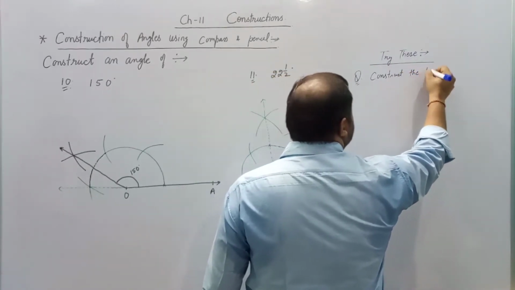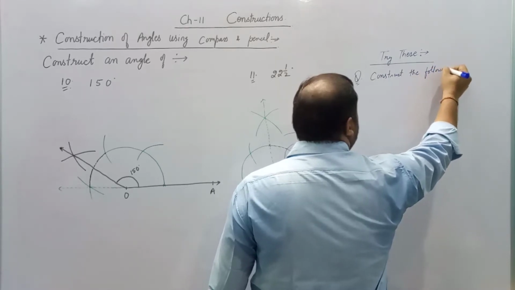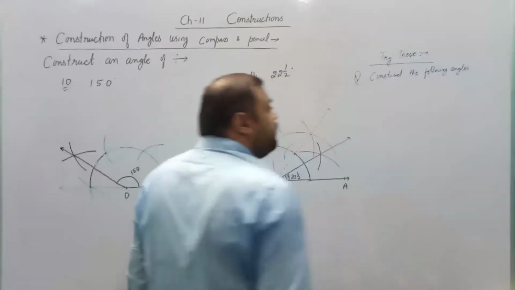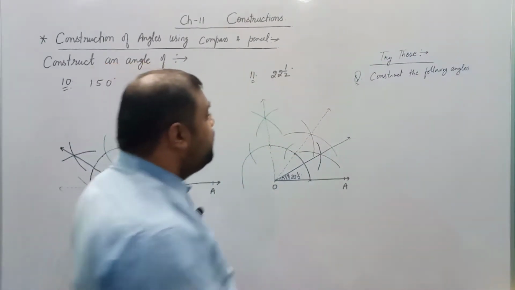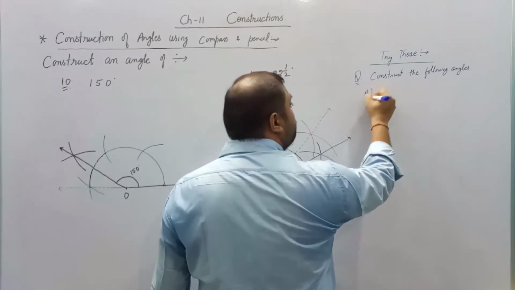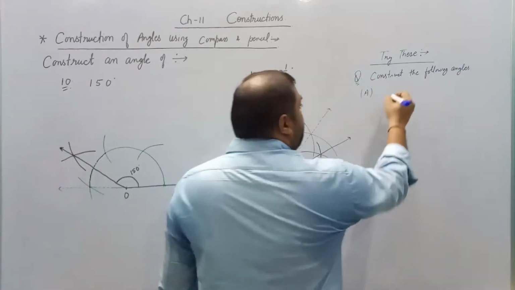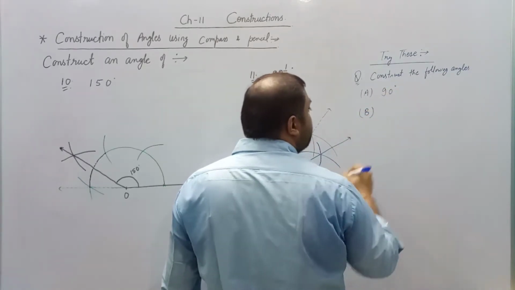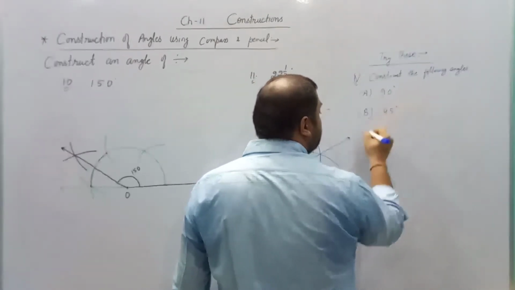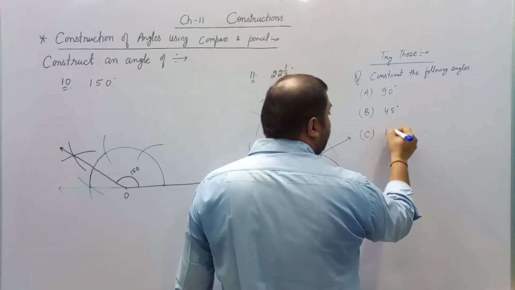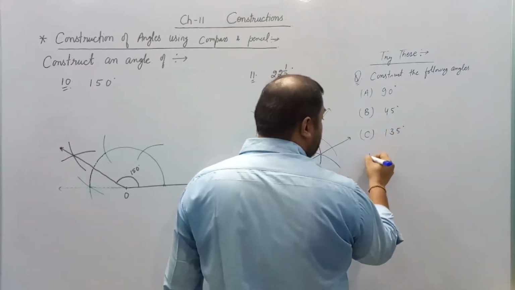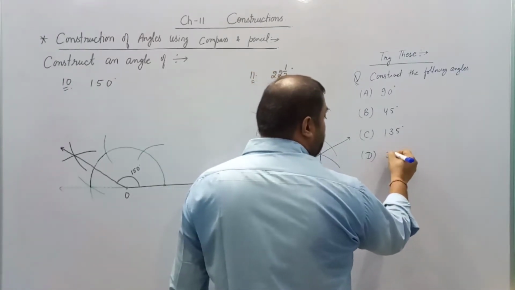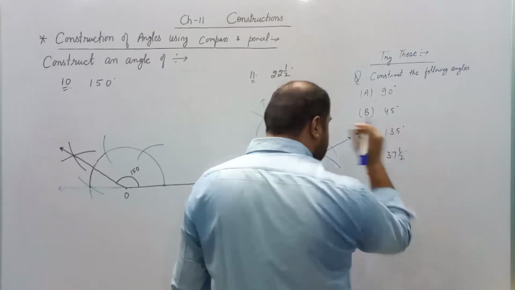Now you can try to construct the following angles using compass and pencil. First is 90 degrees, second 45 degrees, third 135 degrees, fourth 37.5 degrees.